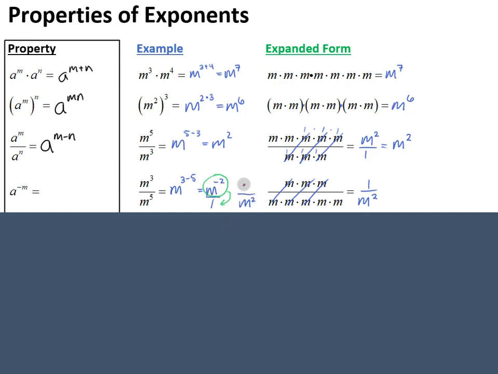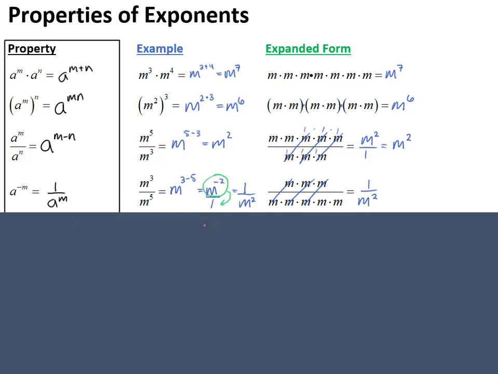And because there's nothing left up top, we're just going to put a placeholder of 1. So 1 over m squared. So how we deal with negative exponents in math is I can think of this as being over 1, and we're going to move it to the denominator. So a to the positive m, but in the denominator.